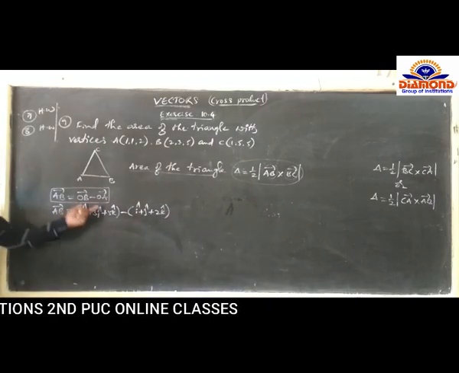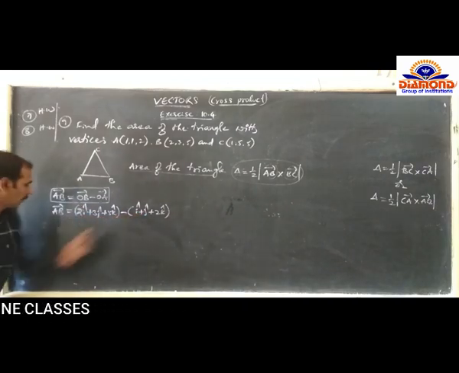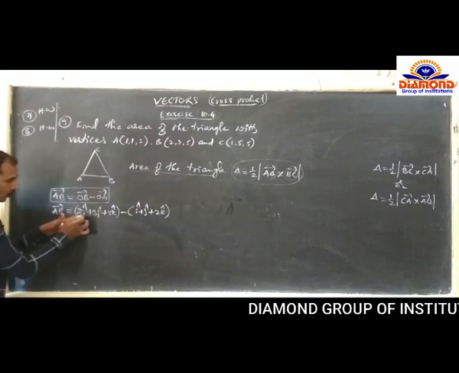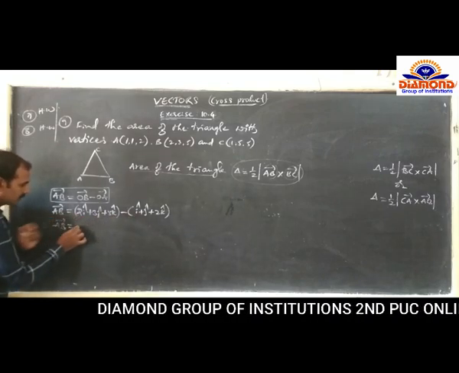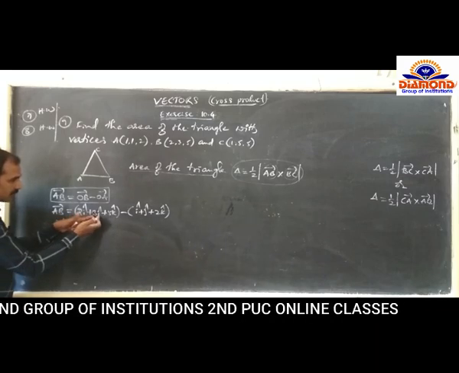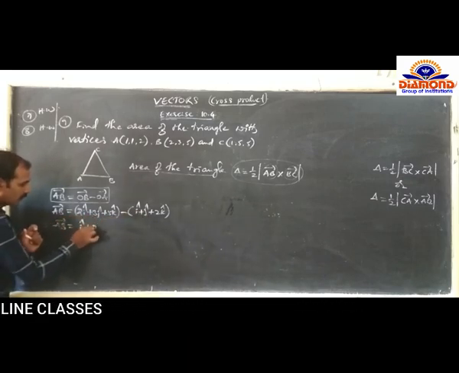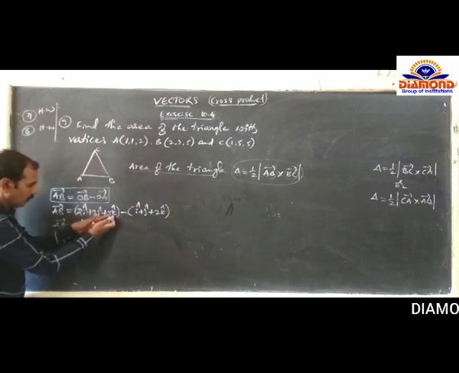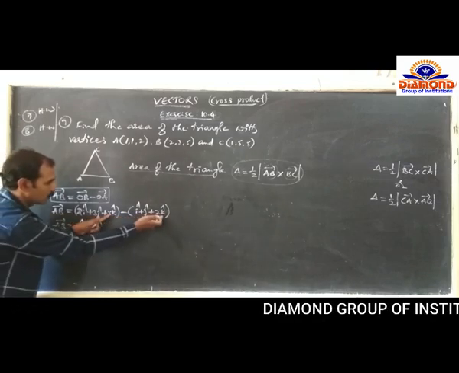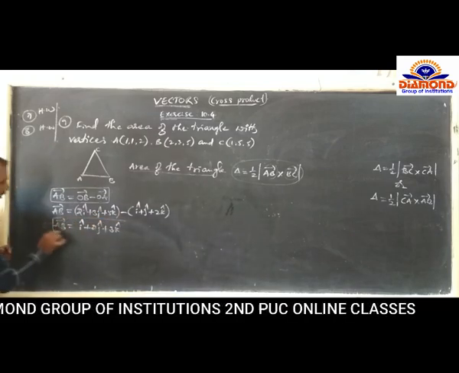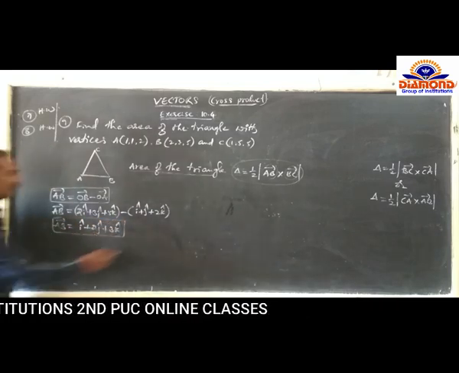Right, OB bar minus OA bar. It means AB bar equals 2i minus i means i cap, 3j minus (minus j) plus 4j cap, 5k cap minus 2k cap, plus 3k cap. This is the AB vector.